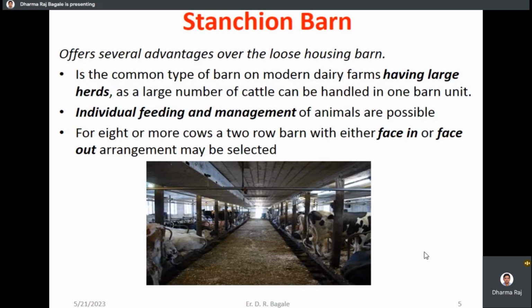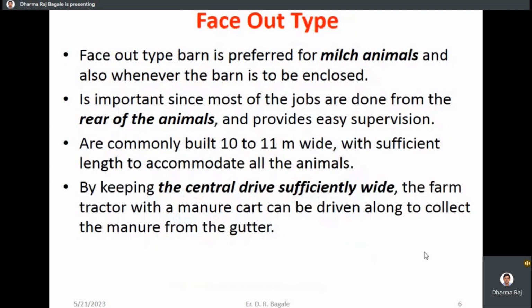So this system is more preferred, and you can see here in the picture a gutter on both sides of the cow. In the middle is the manure alley. Similarly, the feed is given from the outside of this farm, and there we build the manger alley. So this is called the face out type or tail to tail system.